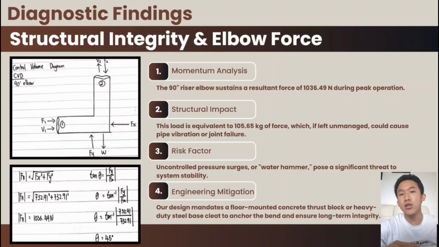Without support, the pressure shock from water hammer will cause severe vibration and eventual joint failure. Therefore, our design mandates a concrete thrust block or heavy-duty steel base clamp to anchor this point and ensure long-term stability.